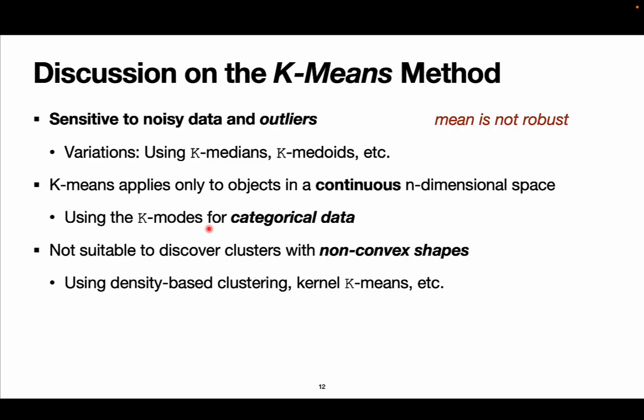For categorical data, there are extensions such as k-modes that adapts the idea but uses the modes instead of the means. Finally, k-means is not suitable for discovering non-convex shapes because it tends to find spherical clusters, since it uses distance-based centroids. For complex or irregular shaped clusters, we often use approaches like density-based clustering or kernel k-means.